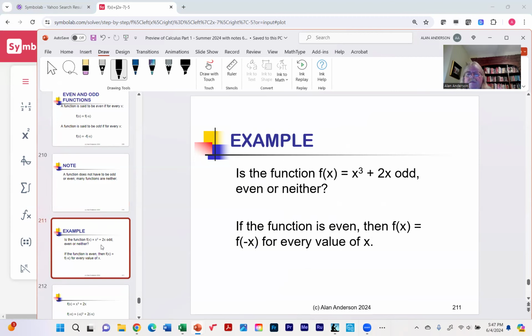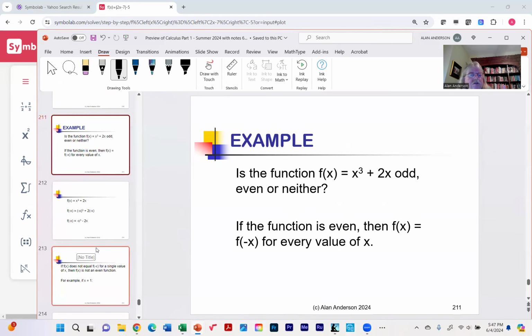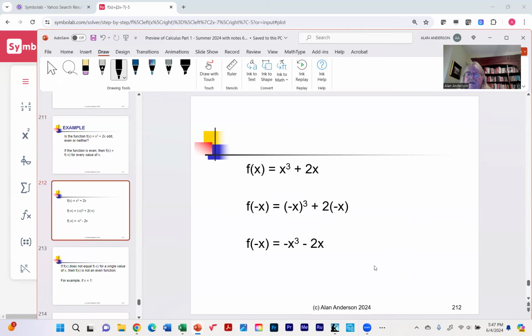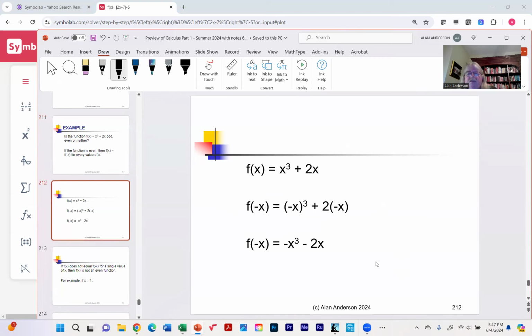So if you look at this one, x cubed plus 2x, if it's either, it'll almost certainly be odd. Let's see why. First we can check to see if it's even. That means that f of x must equal f of negative x. Let's find out. Here's our original function.